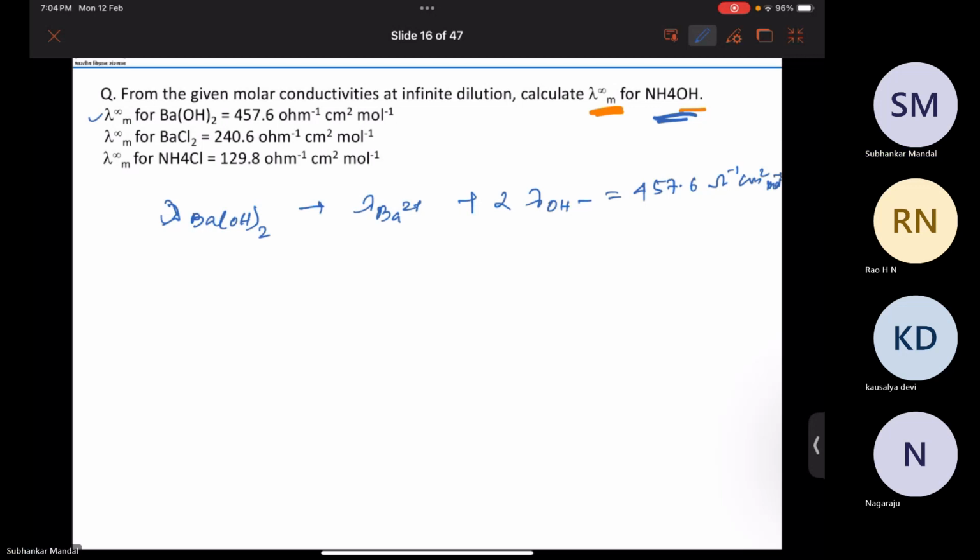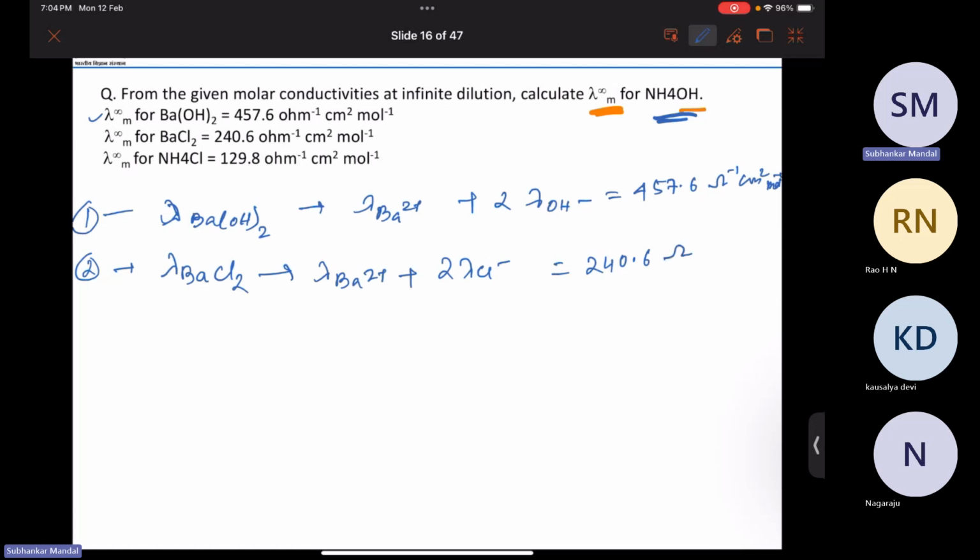Okay, let's say this is equation 1. Equation 2: lambda of barium chloride, lambda of barium plus 2 lambda of Cl minus. What is the value? 240.6 ohm inverse centimeter square mole inverse.